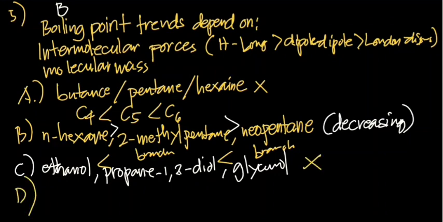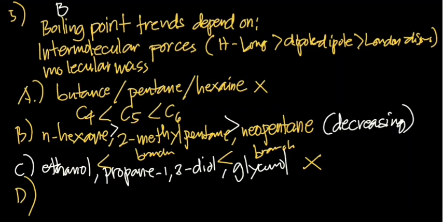And for option D, what is this? CH3Cl, CH3Br, CH3I. Chloro, bromo, iodo. So these are halomethanes, which means the boiling point increases with molar mass.